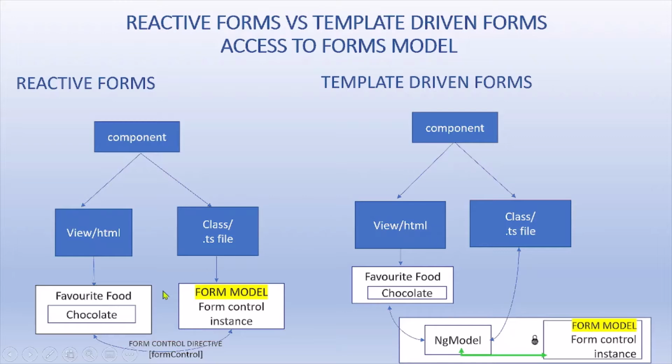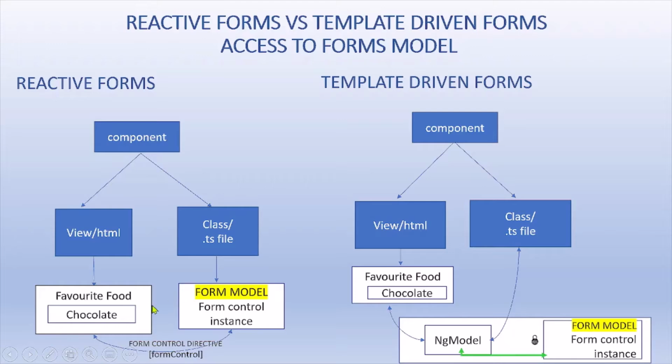So in the case of reactive forms, we would define the form model in the class file. What is the form model? It could be one form control, it could be a form group, it could be a form array. Okay, that would be our form model.